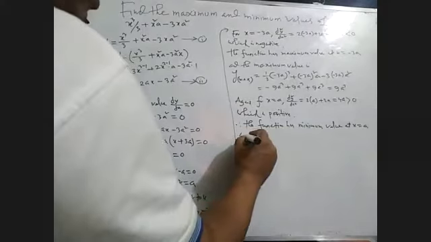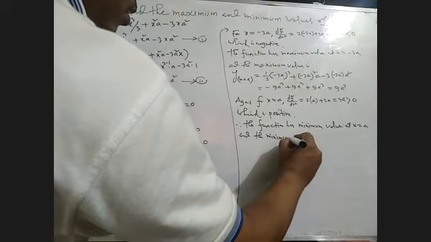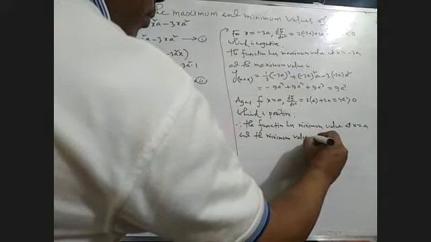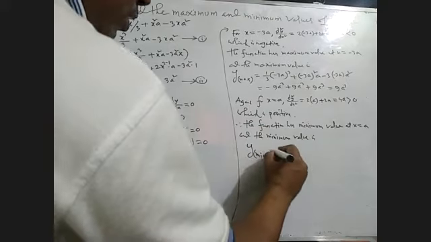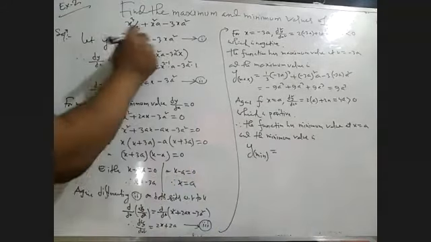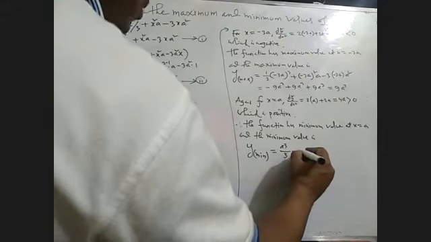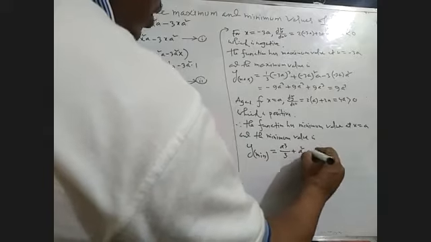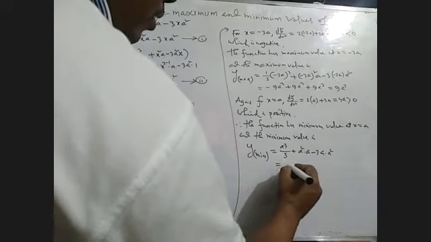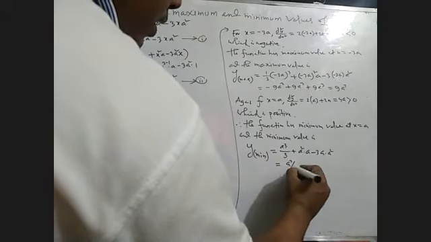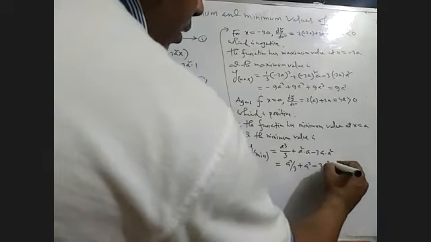And the minimum value is y min. Just putting x equals to a in equation 1: a cube by 3 plus a cube minus 3 a cube.